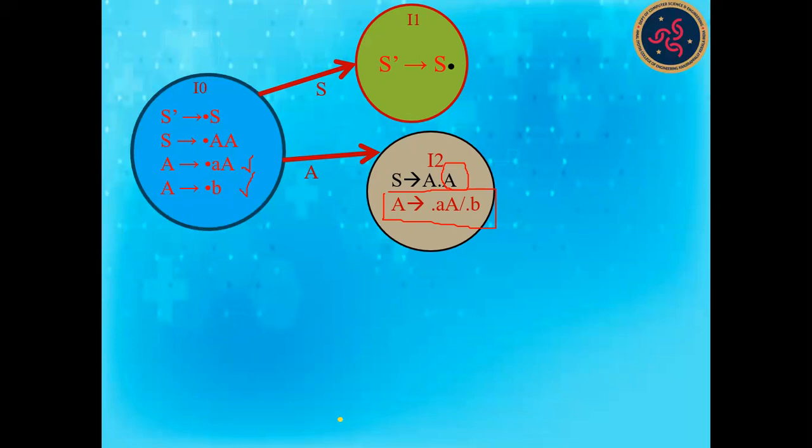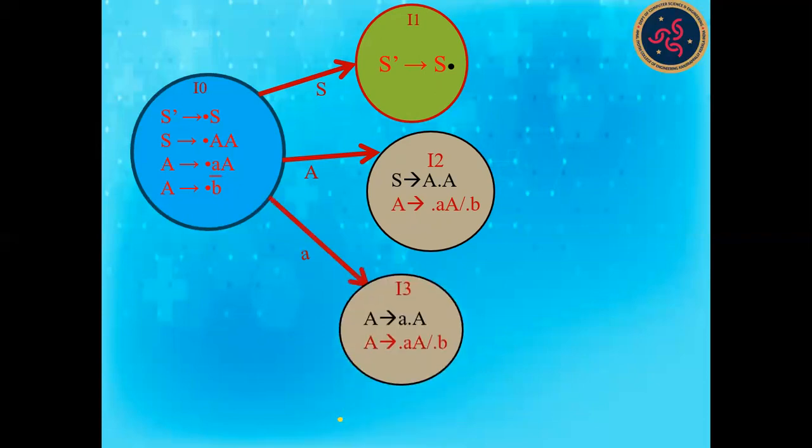Next, in this state, I can have the small letter a. If the terminal symbol a is read, the state will change to a different state, that is, my new state I3.